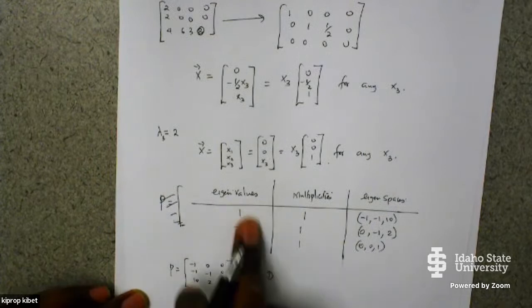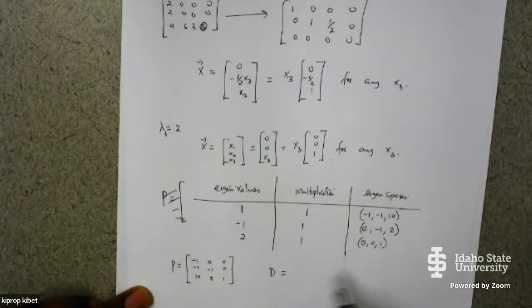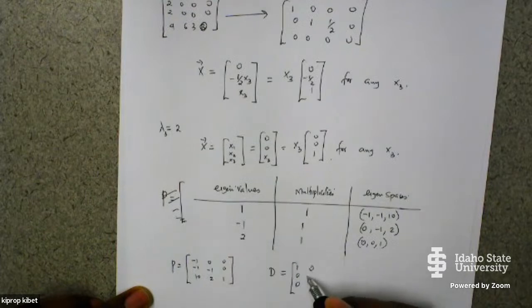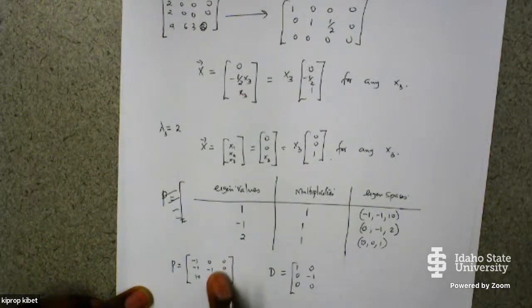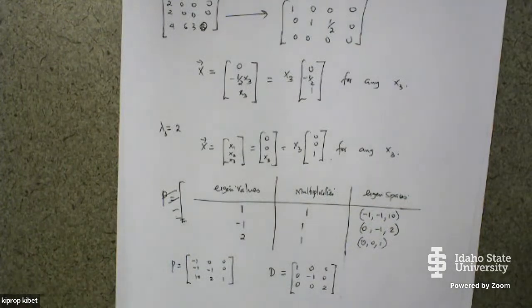Our D, we now take the eigenvalues, so you arrange them according to the eigenspaces. So our D here will now be 1, 0, 0. The next one is 0, -1, 0. And then the last one there is 0, 0, and then 2. Right. So that is our P.